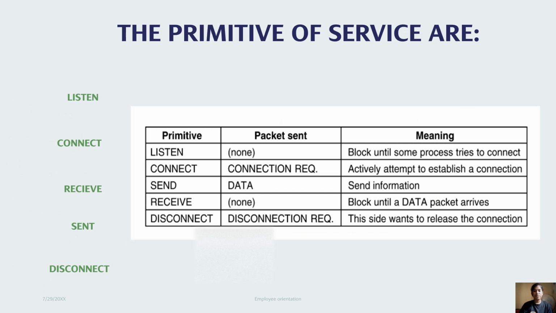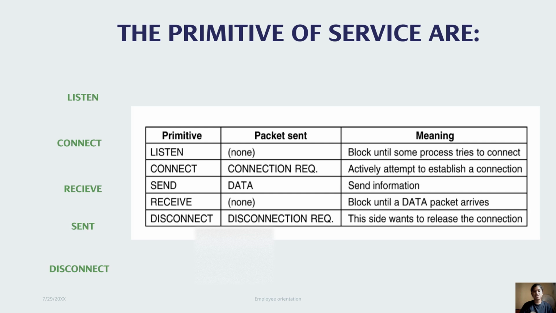So next, the service primitives that are used are listen, connect, receive, send and disconnect. So listen means to block until some process tries to connect. So basically it just blocks until we get the main thing which we want, connect. Connect actively attempts to establish the connection.